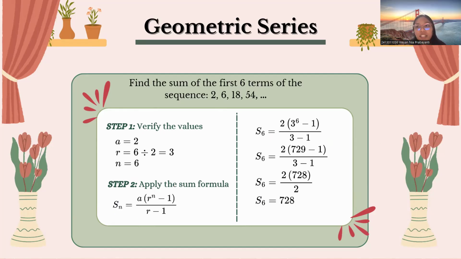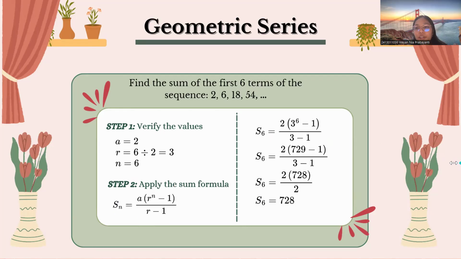In an arithmetic sequence, if you add a negative number, you will get smaller and smaller values. The same goes for a geometric series: if you multiply by one half or anything that is less than 1, you will get smaller and smaller values.